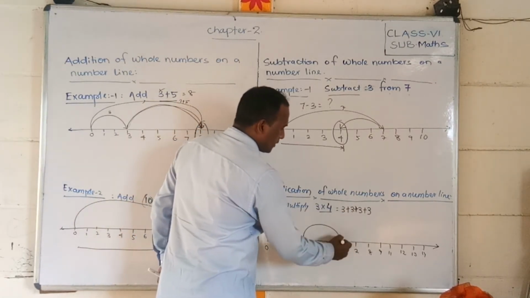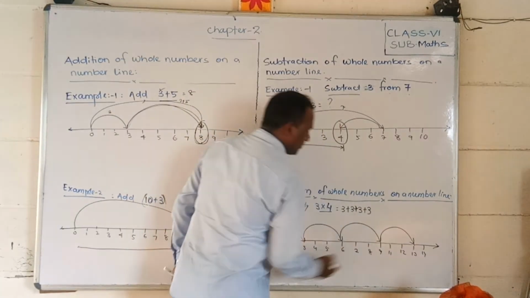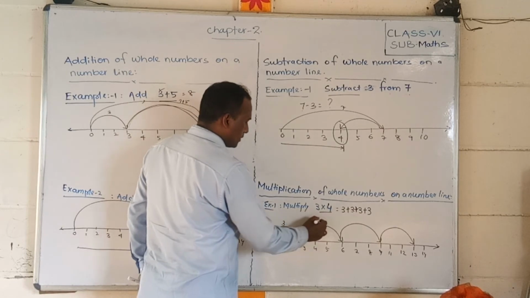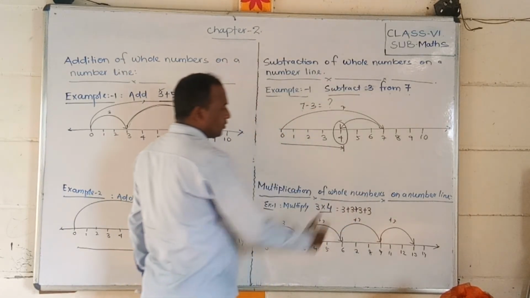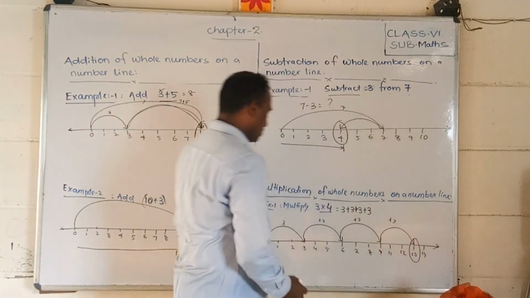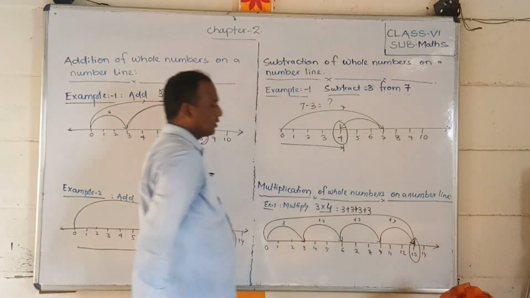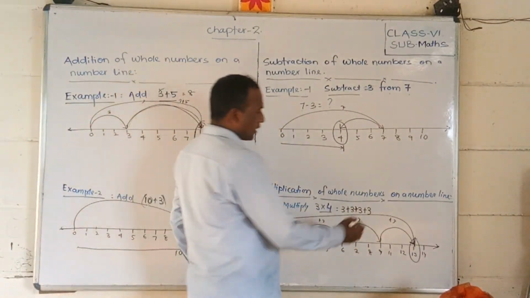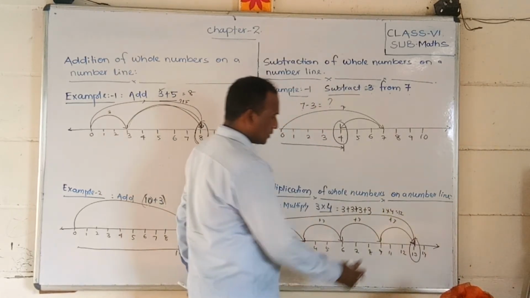Next add 3, next 3, again 3, 1 2 3. So now how many times is it over? This is 3, this is plus 3, this is plus 3, this is plus 3. So we have added 3 four times. How much answer came at last? 13. So from here, if you take like this, that is 13. Okay, so that means we can write 3 into 4 is equal to 12.